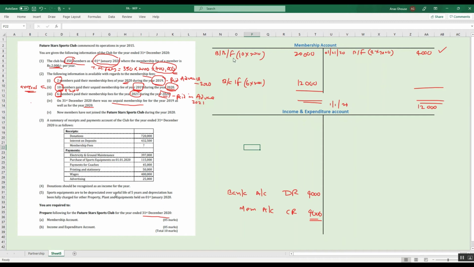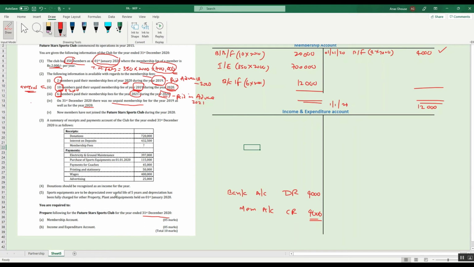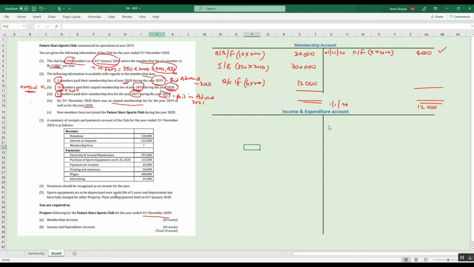This has to be recognized as income in the income and expenditure account, membership fees 700,000 credit.